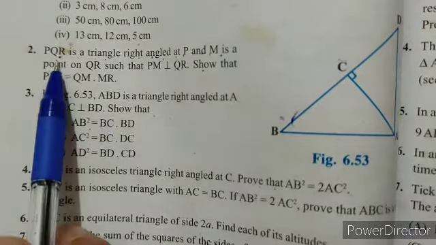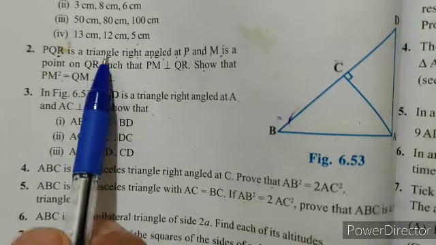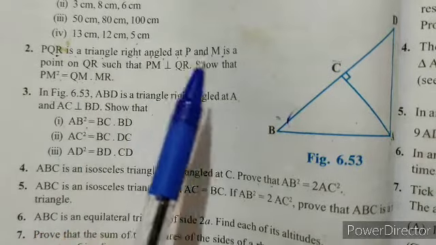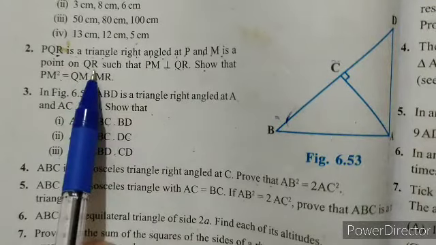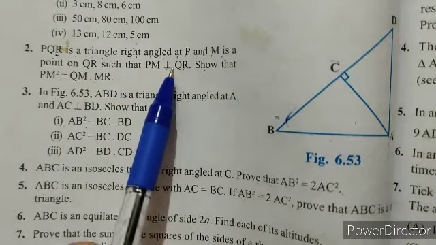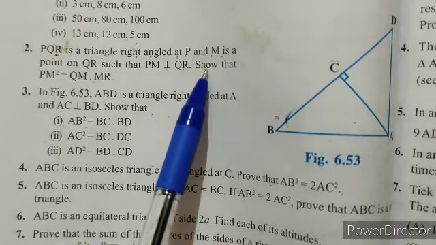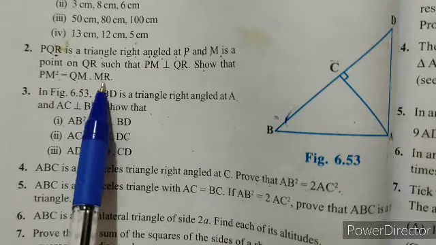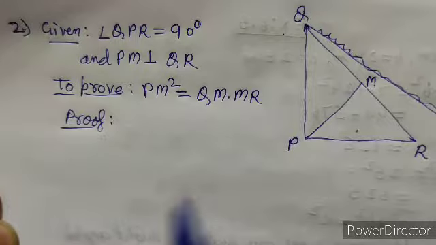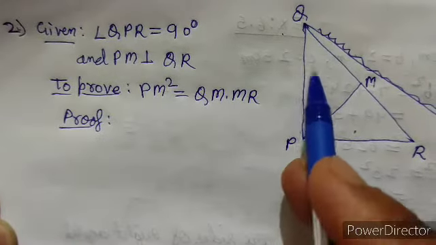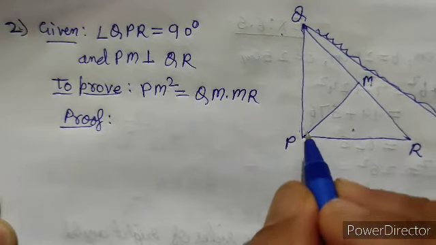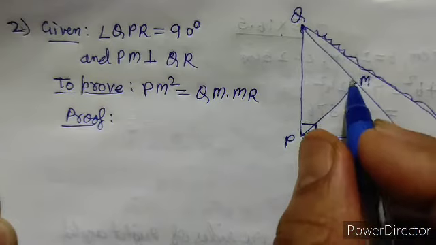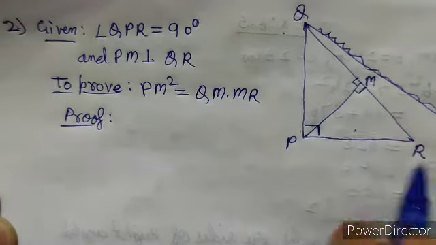Now in question number second, PQR is a triangle right angled at P, and M is a point on QR such that PM is perpendicular to QR. We have to show that PM square equal to QM into MR. Now it is given to us that PQR is a right angled triangle, right angle at P, and PM is perpendicular to QR.